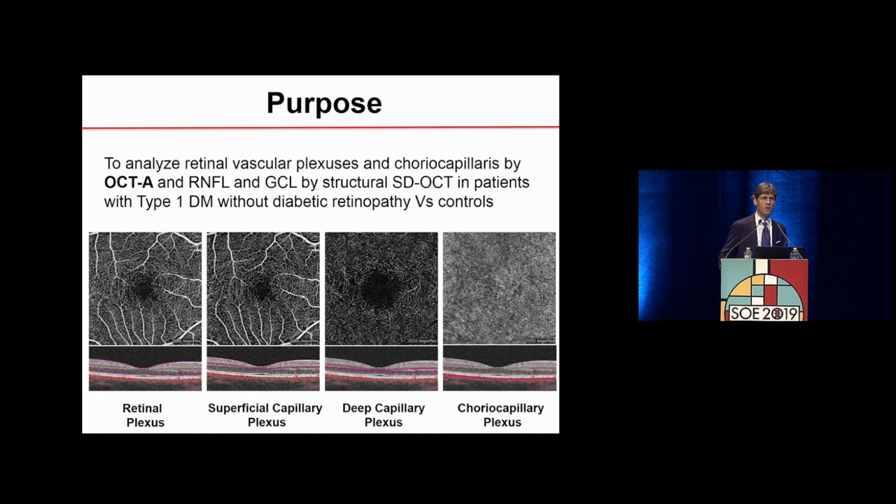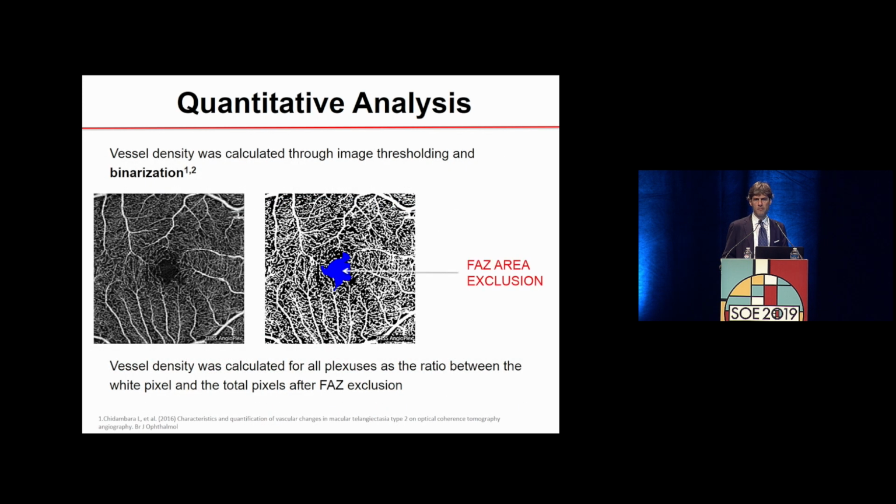Starting from this, we did this, that was the first study of its kind about diabetic patients, particularly patients with type 1 diabetes without any sign of diabetic retinopathy, looking at fundus examination. And we looked at different aspects, and particularly at FAZ and at vascular complexity and vessel density.